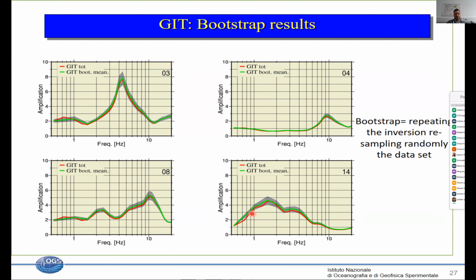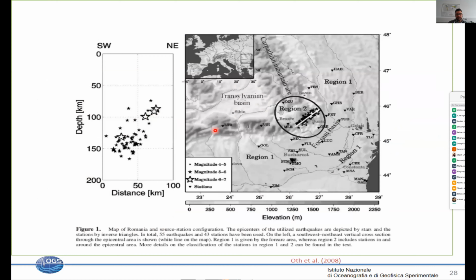And station 14 had a more broadband amplification with a maximum around 1.5 Hertz, and a second peak around 3-4 Hertz, and then decaying and becoming even smaller than 1 at frequencies larger than 10 Hertz. So these stations were showing quite different results.